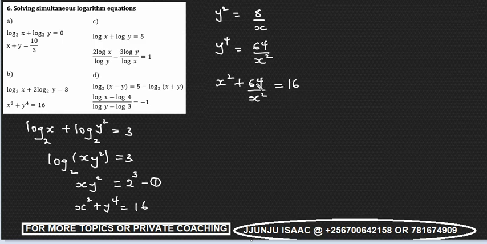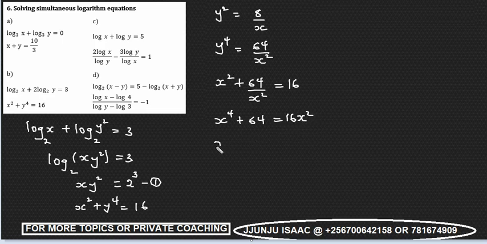Now I'm going to multiply with x squared throughout, so this term will be now x to power 4 plus 64, then equal to 16 x squared.